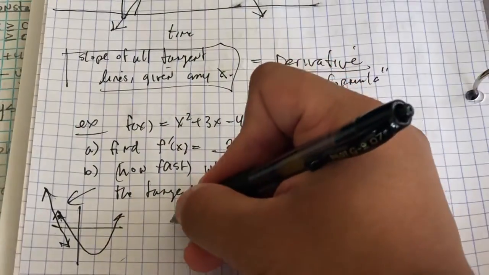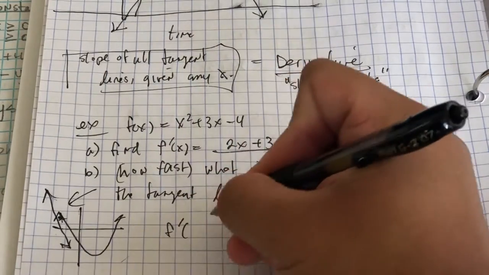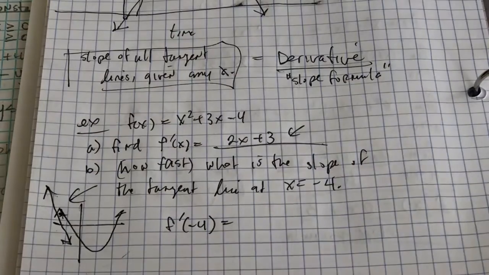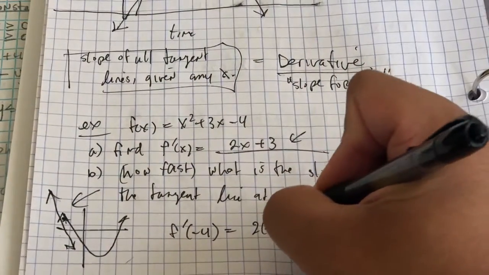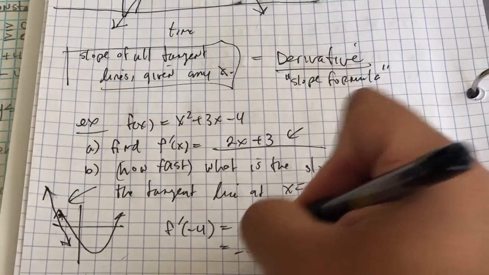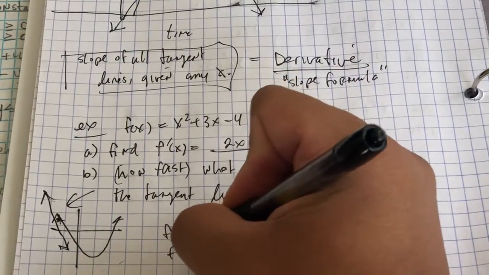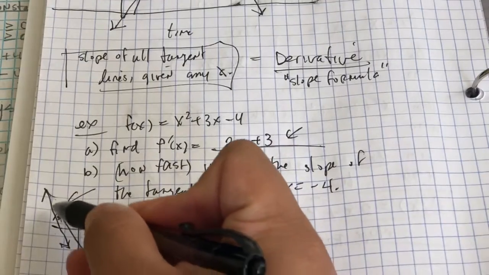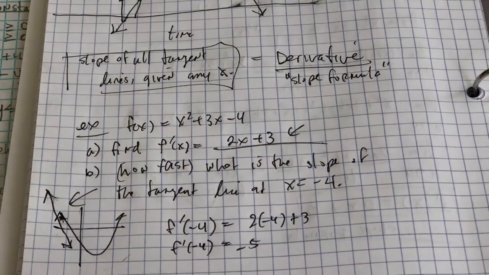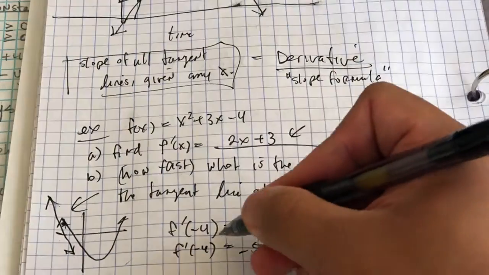So the slope is f prime of -4. Plugging -4 into our formula gives us 2 times -4 plus 3. This gives us -5, which actually makes sense. Look how steep that slope is, and it's a downward slope. At -4, it's going down -5 over 1. This is the slope.